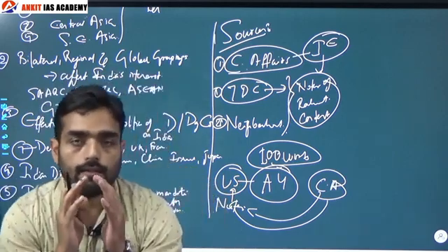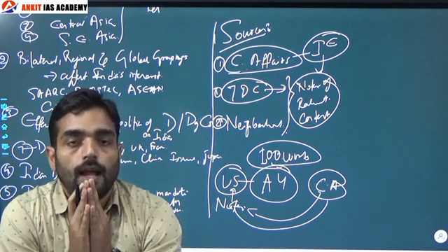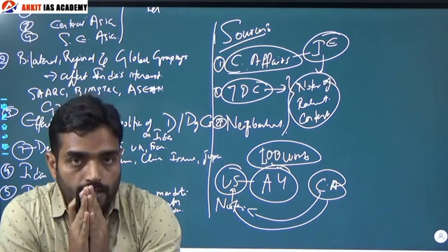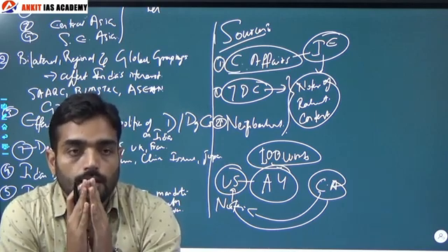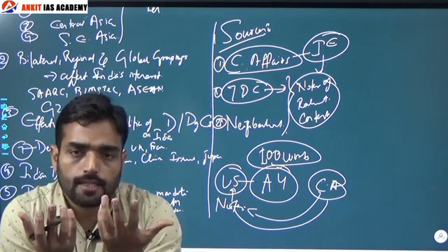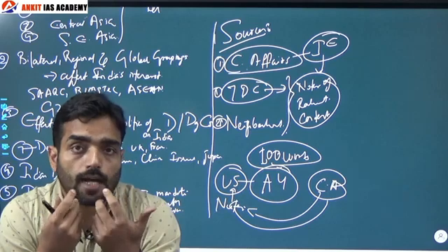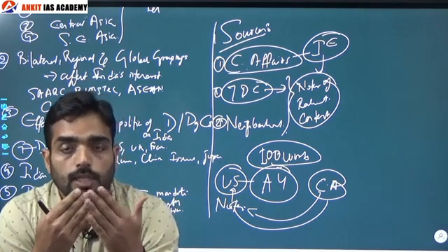Regarding important international institutions, the Indian diaspora, and regional and global groupings, they will come from current affairs. I am not talking about the static part as such, but there is also a pattern in which the questions about developed countries are asked. So you have to analyze all the past year question papers.